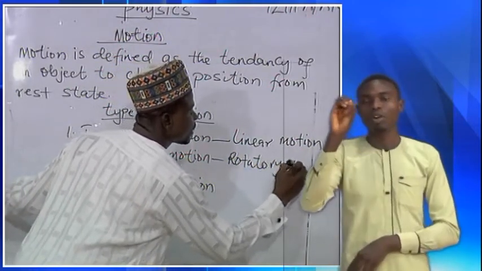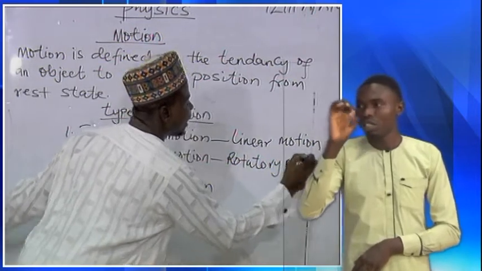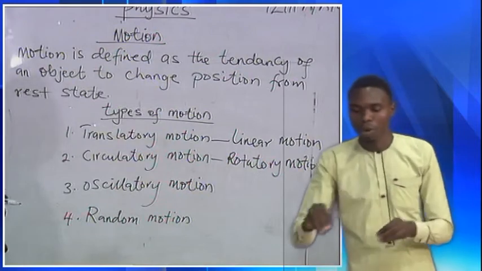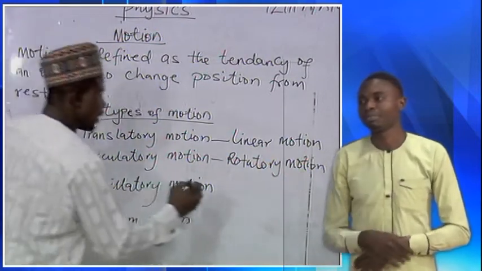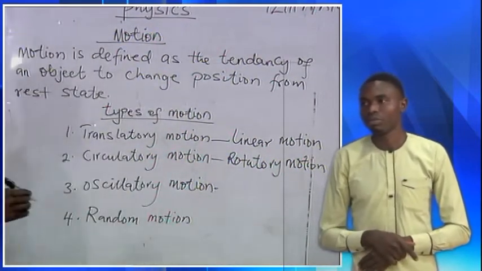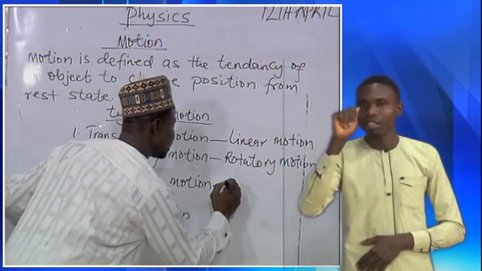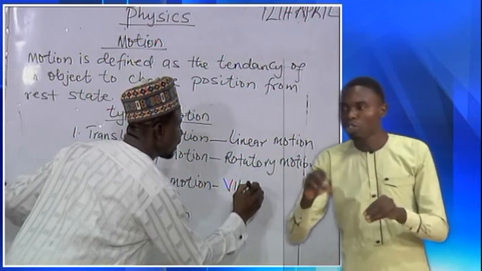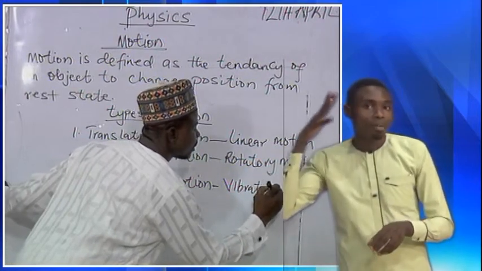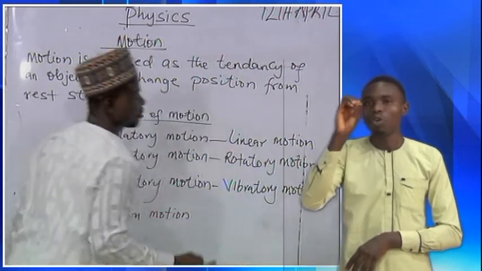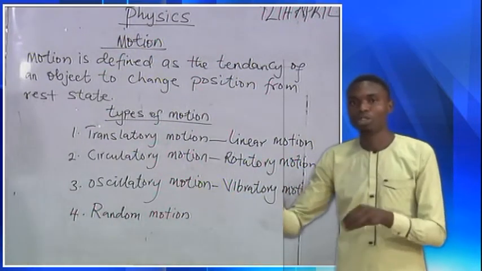Circulatory motion is also called rotatory motion. Oscillatory motion has another name also, vibratory motion. Viewers, are we learning?